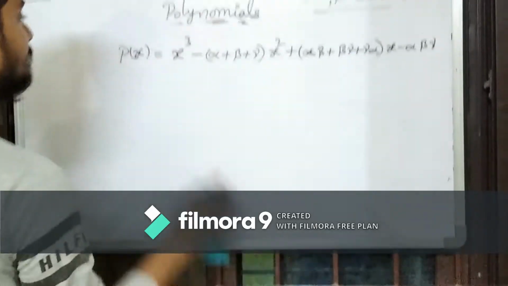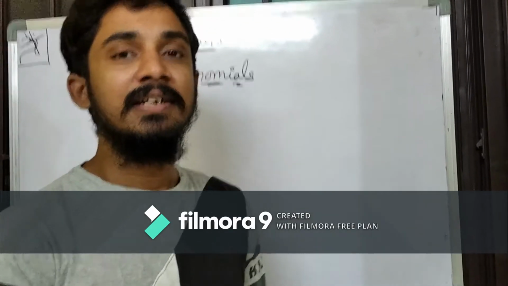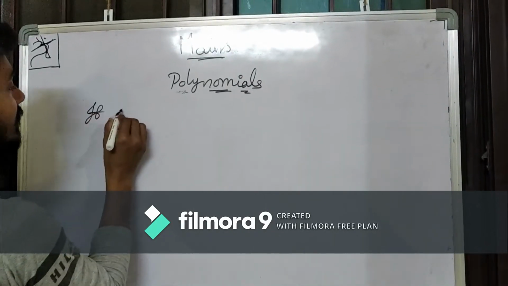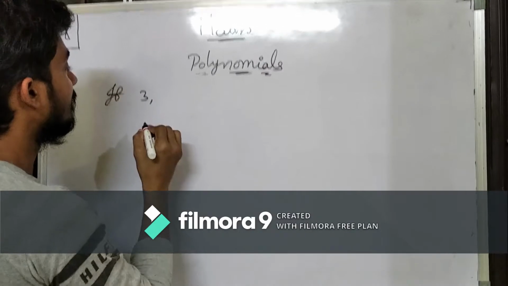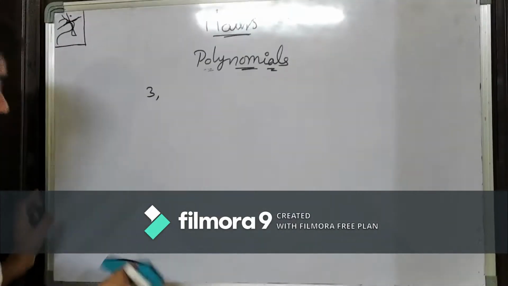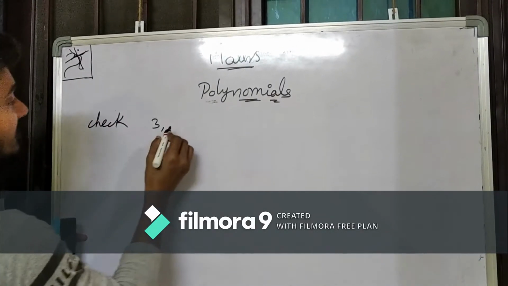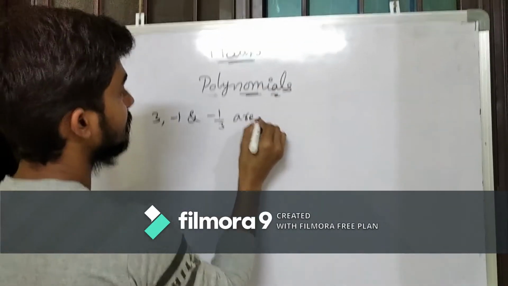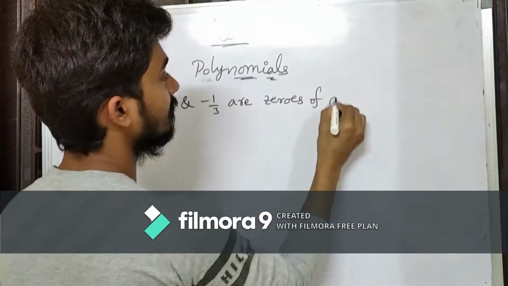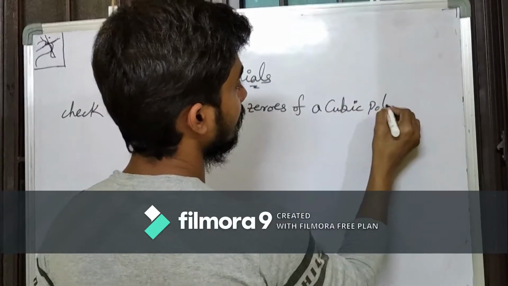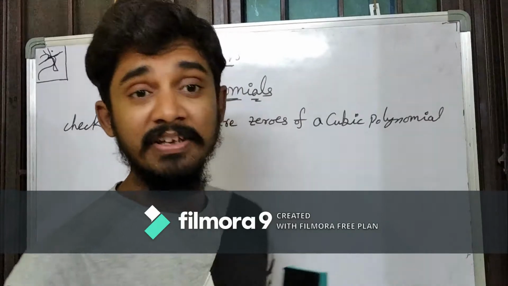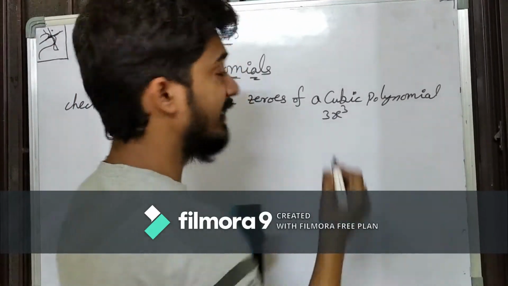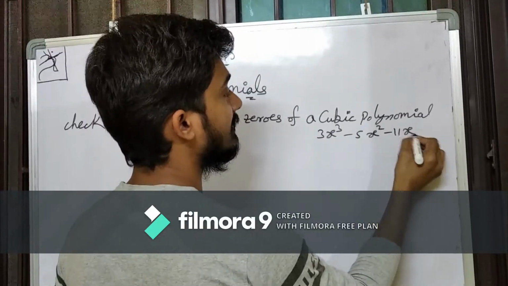Let us do one example. If 3 comma minus 1 and minus 1 by 3 are zeros of a cubic polynomial 3x cube minus 5x square minus 11x minus 3.